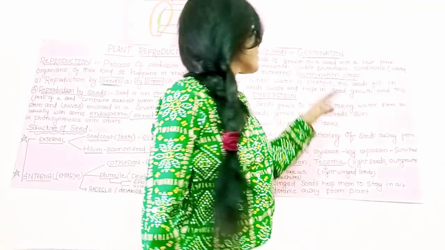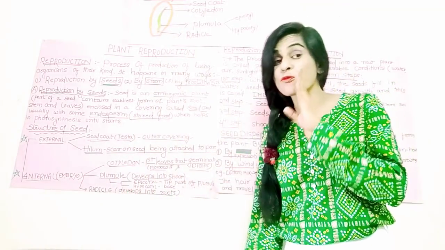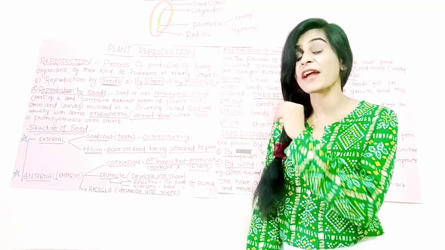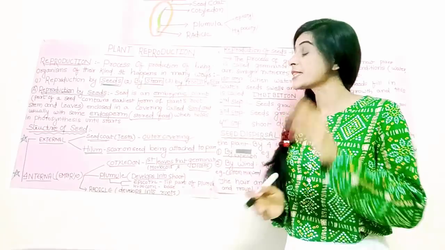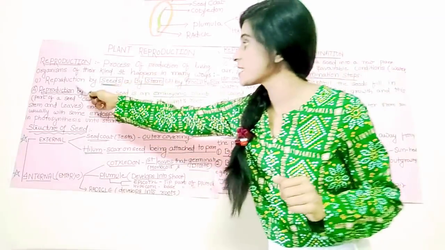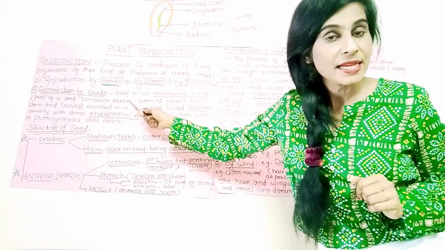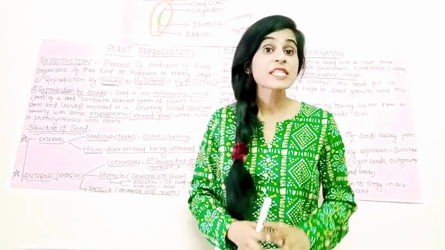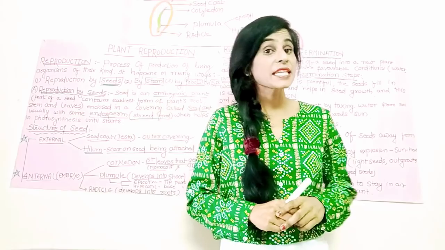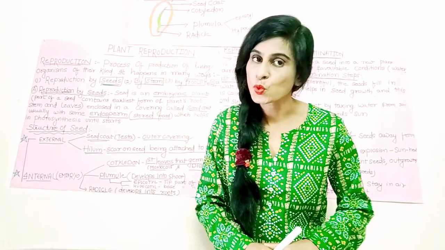There are nearly three to four different ways by which plants reproduce: plants reproduce by seeds, by stem, by leaves, and by spores.